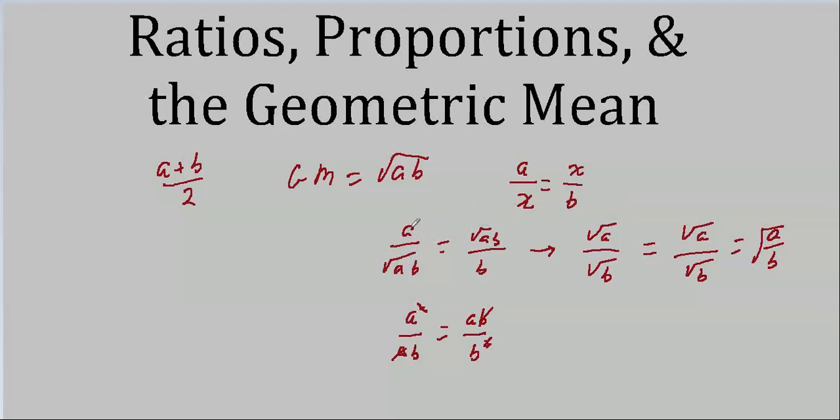Either way, we can square both sides and get down here a squared over ab, and the a's cancel and we get a over b. And here we get ab over b squared, and the b's cancel, and again we get a over b. But since we squared both sides, now we take the square root of each side and get the square root of a over b equals the square root of a over b.